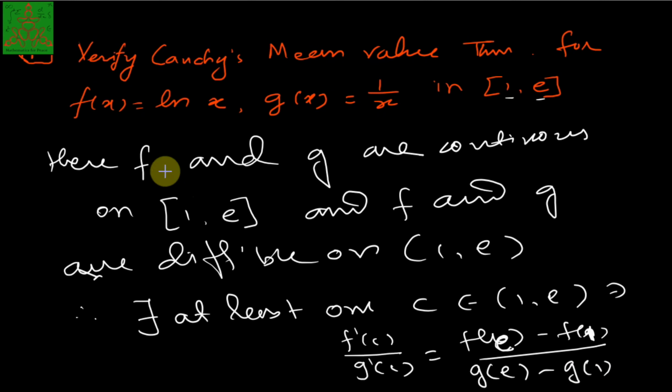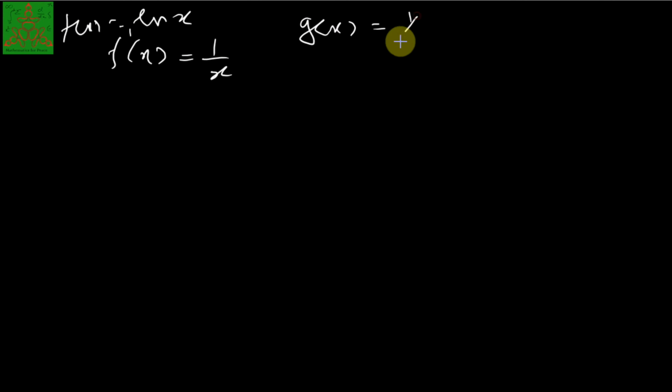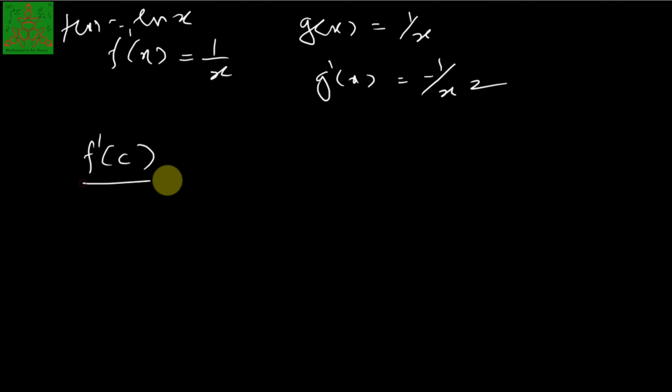Now what is the derivative of the function f? Since f of x is ln of x, f dash of x is 1 upon x, and g of x is 1 by x, so g dash of x is minus 1 upon x square.